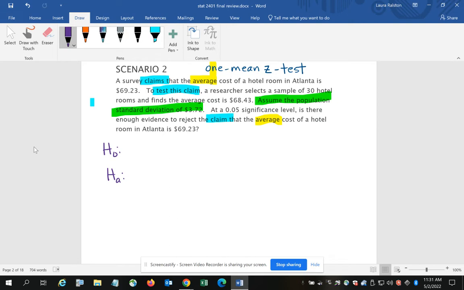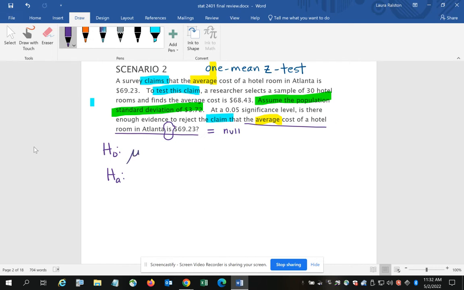So my claim is that the average cost of a hotel room in Atlanta is $69.23. So it mathematically would imply equal. Therefore, this statement is the null.